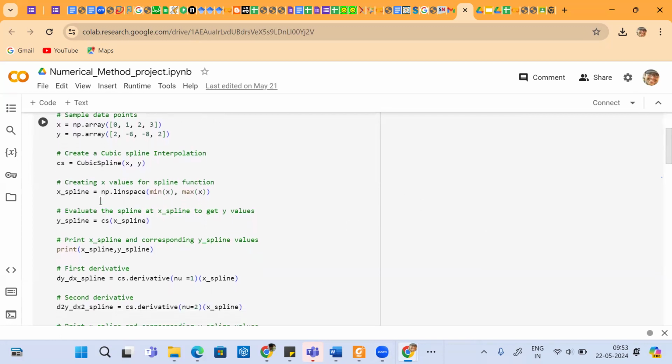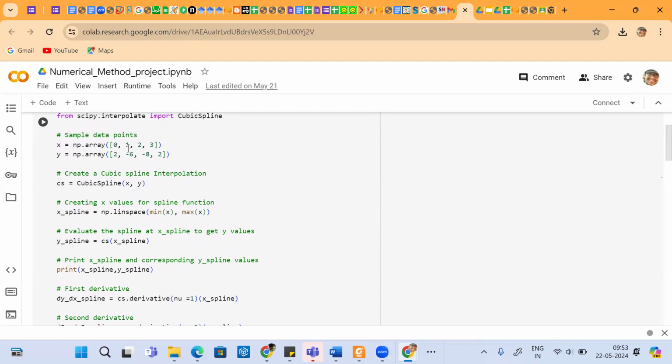For finding x spline, it is equal to np dot linspace of min x, max x. That min x is 0 and max x is 3, and we divide this interval into 100 points.